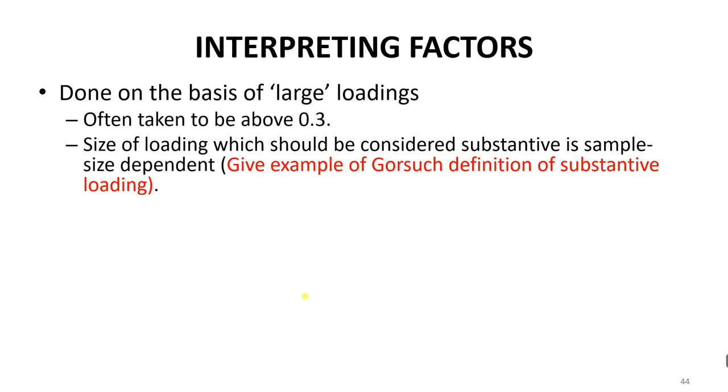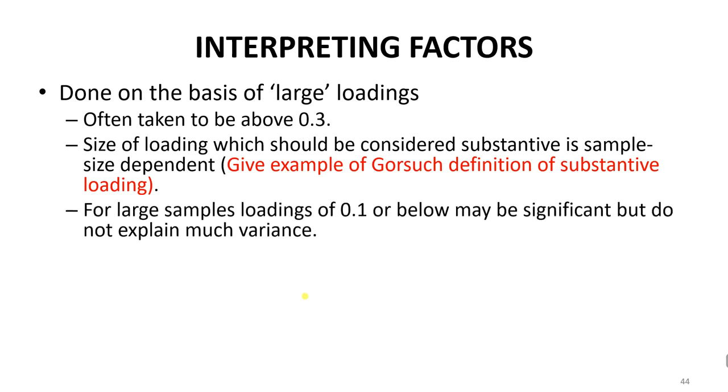So double of 0.13 will be 0.26. And therefore you can take that 0.26 as the cutoff loading. But remember, for a larger sample, this may result in a very small cutoff loading for interpretation, and therefore we may have a lot of problems of cross factor loadings. So this should be determined very carefully.